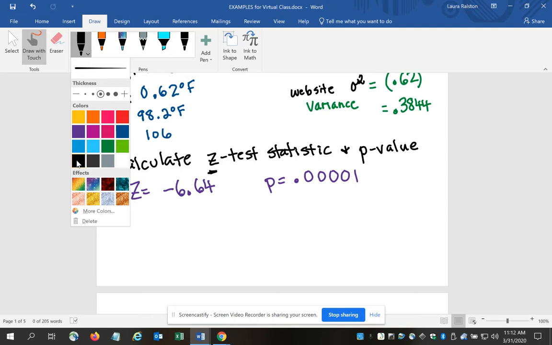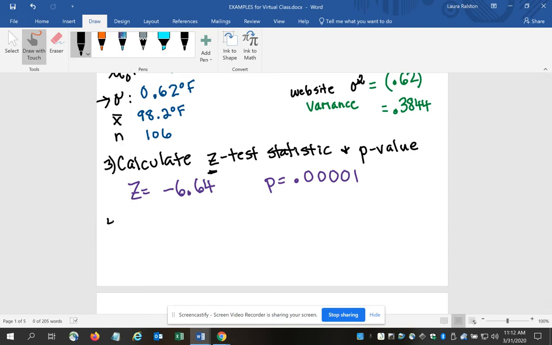Then step 4 is to make a decision. We're going to compare the p-value and alpha, that level of significance, to make a decision.